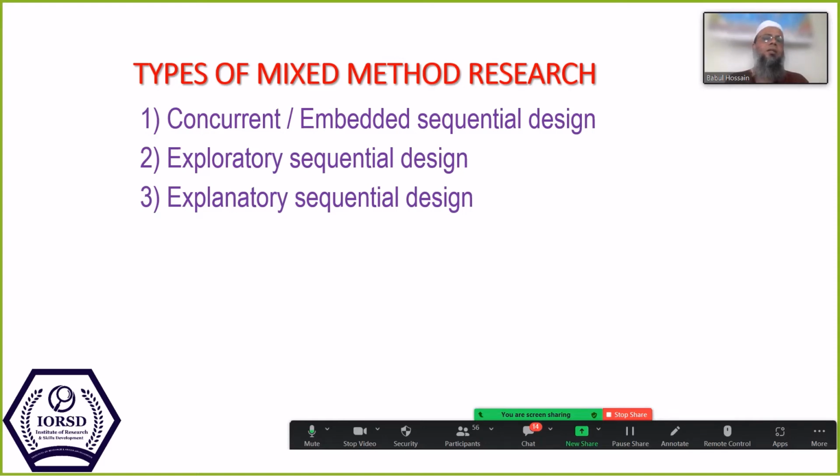With this result he goes to the experts to ask what they say about the results and what their independent views are, and all of this is reported in that study. This is called the explanatory sequential design of mixed method. So you got the point? Is it clear?